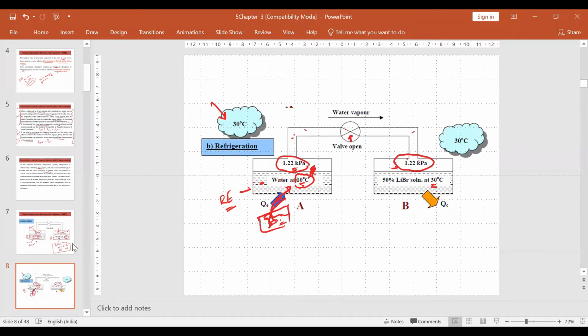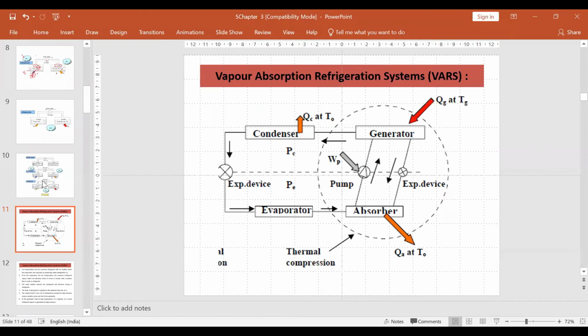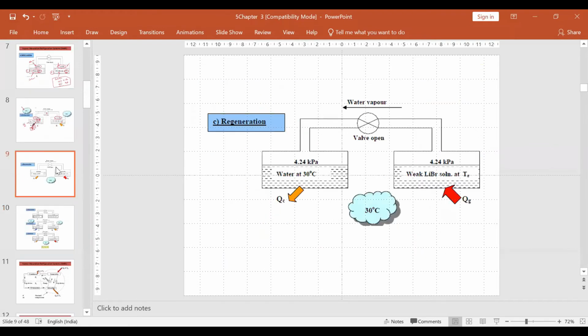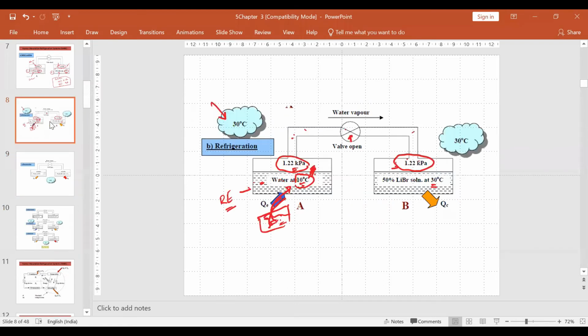The next point. Here it abstracts heat, so there's a refrigerating effect. As a result, what happened? The temperature of water now increases. Now it is 10 degrees centigrade, and it gradually increases beyond 10 degrees centigrade.